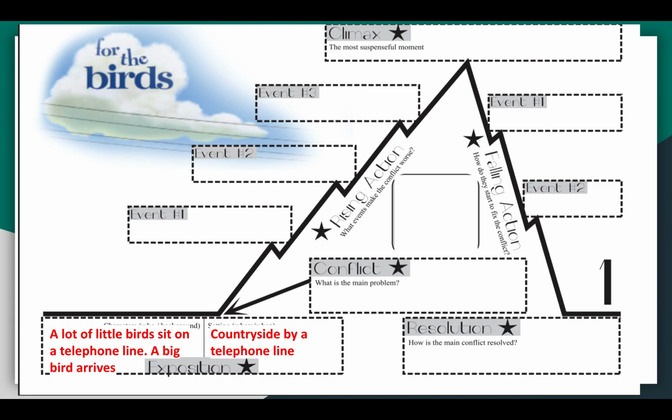So that was the exposition. Then the exposition also introduces the conflict, but we will write that in after we go over our events. So the rising action: what events make the conflict worse? Now, unpause it if you're ready to move on.